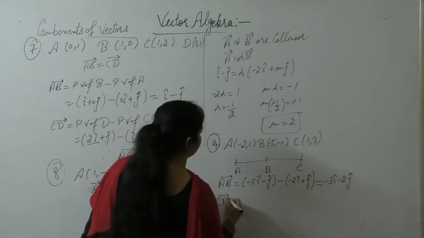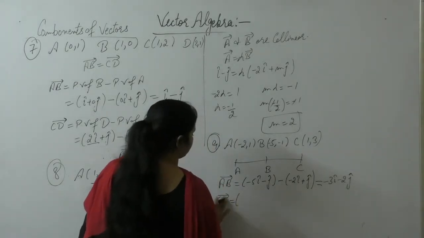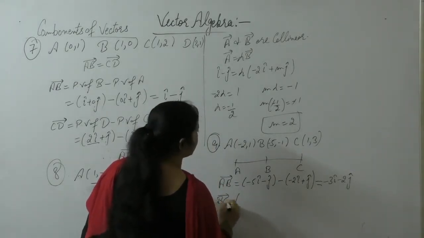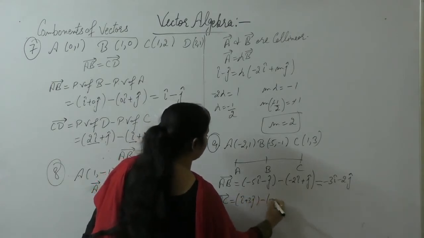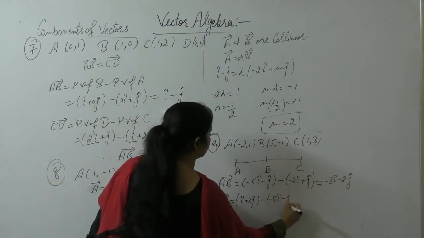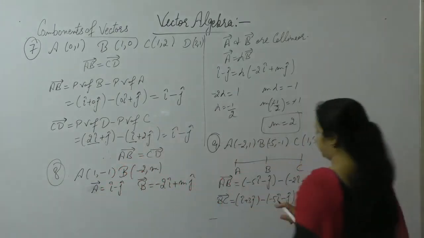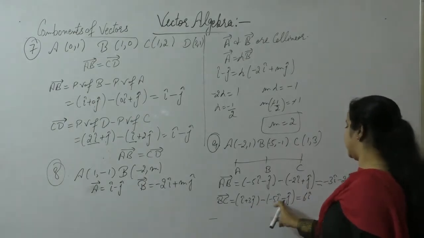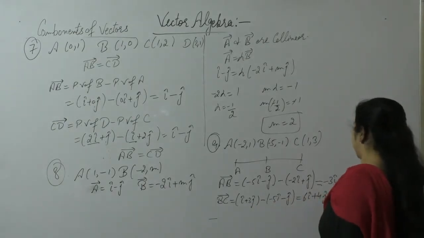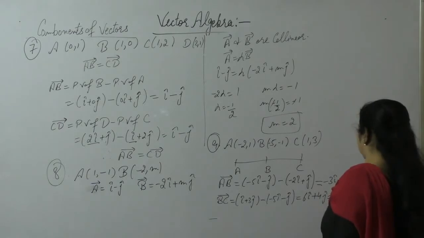Now BC vector, the position vector of C minus B vector. 1 minus minus 5 gives 6i cap, plus 3 plus 1. Taking 2 common, 3i plus 2j.